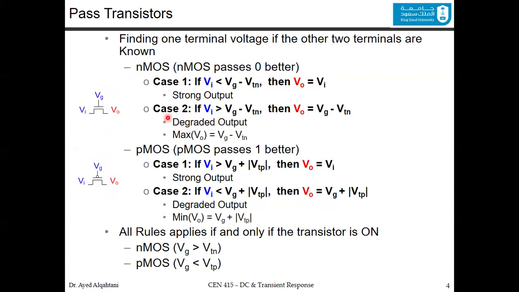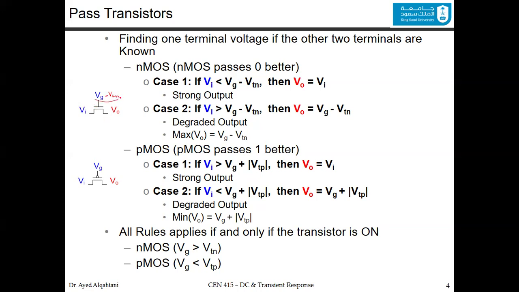How do we differentiate between these two cases? You compare the voltage at the input, which is at this terminal, with the voltage at the gate minus V threshold of N. You do this calculation in your head without writing. So you say VG and you take out the V threshold of N from it.